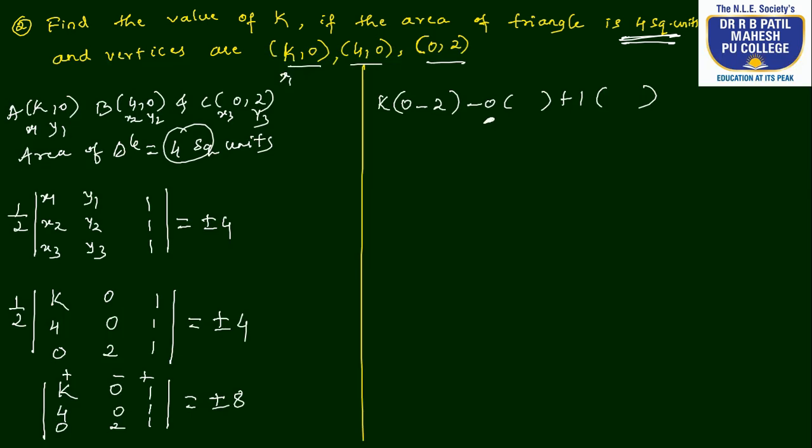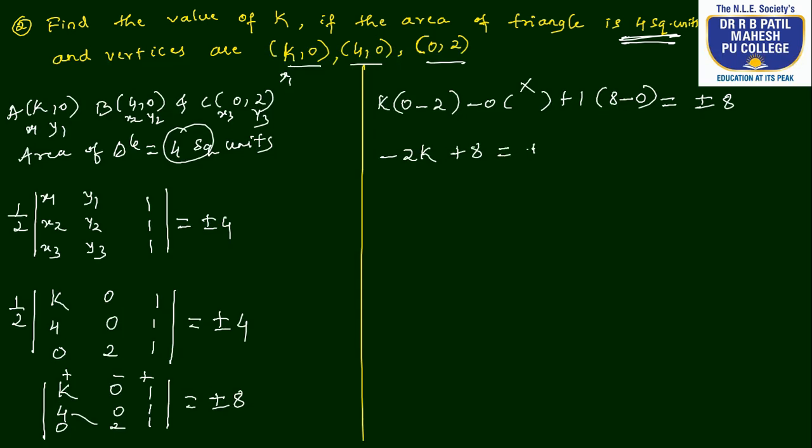When 0 comes, that's why I am leaving it. Okay, then plus 1 into, cross multiplication, 4 into 2 is 8 minus 0 into 0, and don't forget the RHS, that is plus or minus 8. Then here minus 2k, 0 neglect it, plus 8 is equal to plus or minus 8.